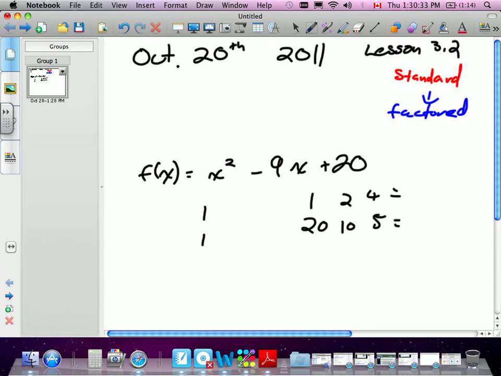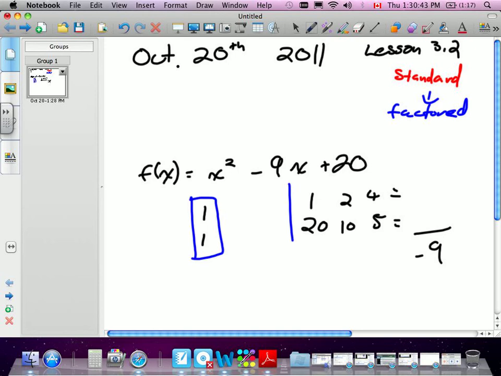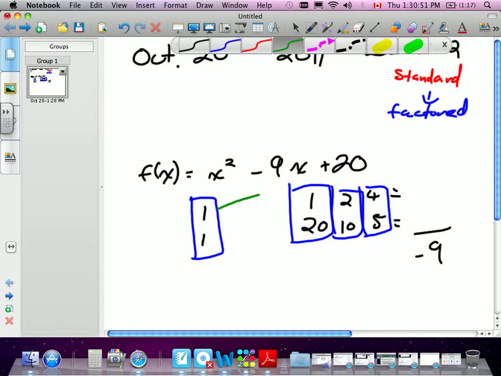And we need to get to -9. Okay, so when we try multiplying all these columns out, we know that 1 and 20 aren't going to work. 2 and 10 won't work. But 4 and 5 will work.